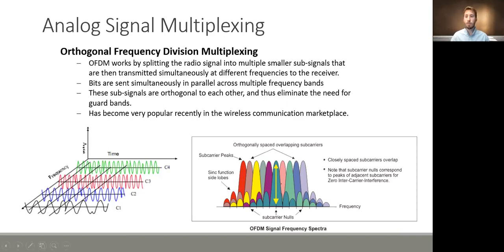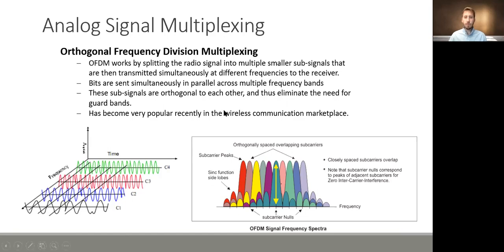Anyway, the problem with this is that each band or band set has to be divided from the others by a guard band. So that guard band helps isolate each set from the other bands. So that way, say I'm going to use the 900 megahertz band, but I've got a 2 megahertz guard band on either side. That way, my signals don't accidentally interfere with somebody's 905 megahertz signal, and so on.